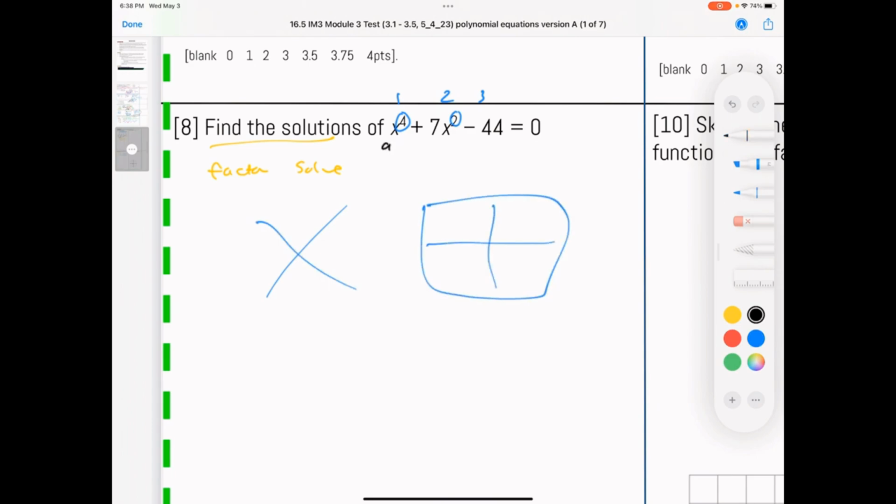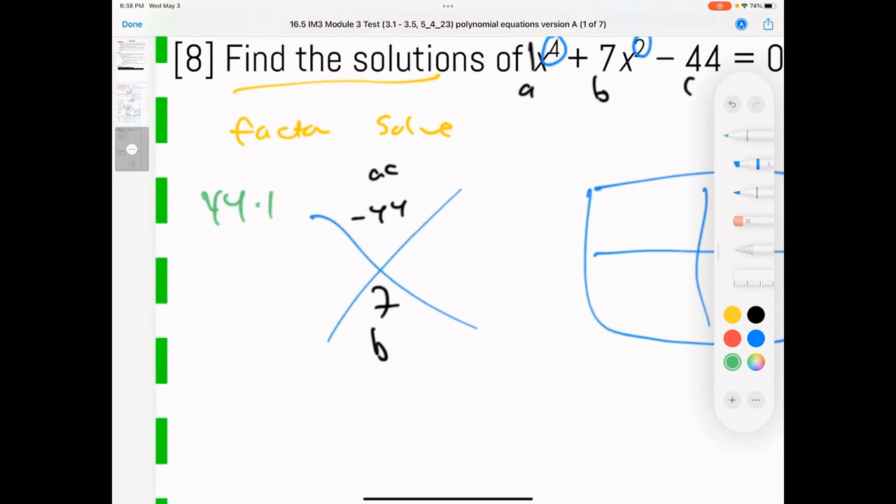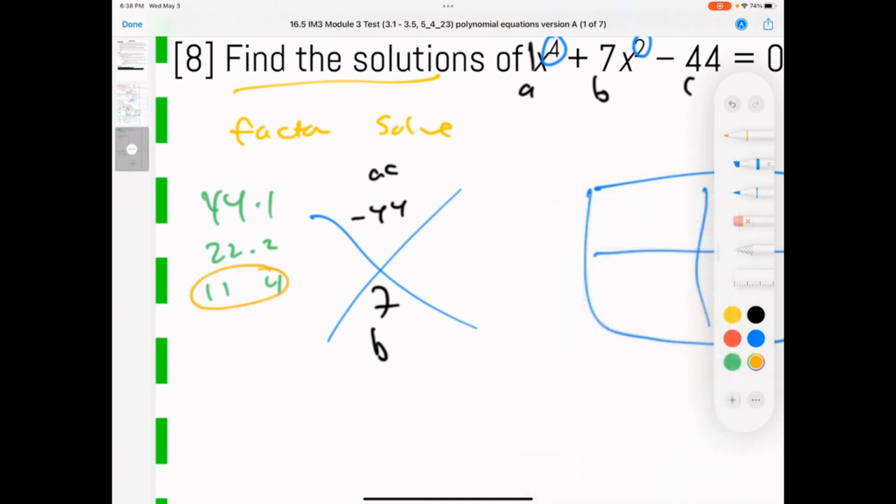Okay, so my a value is 1. B value is 7. Let's write out all the factors. It's half of that. Be these two.